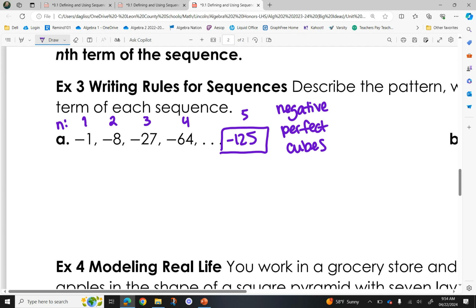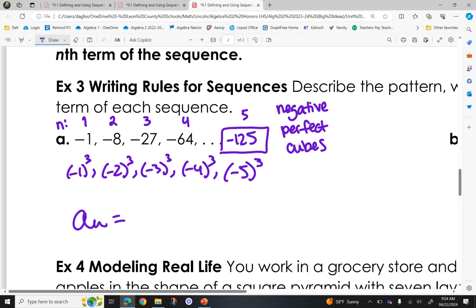So he recognized, okay, well, -1 cubed, -2 cubed, -3 cubed, -4 cubed, and then to get our next piece, he took -5 and cubed it. So how could I write a rule for that using n? Like, how could I find the 12th piece?